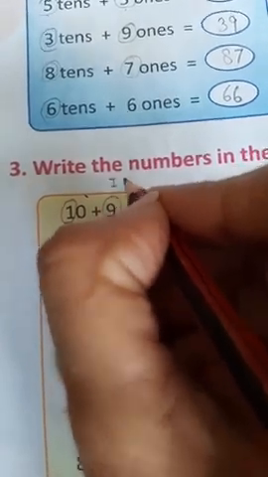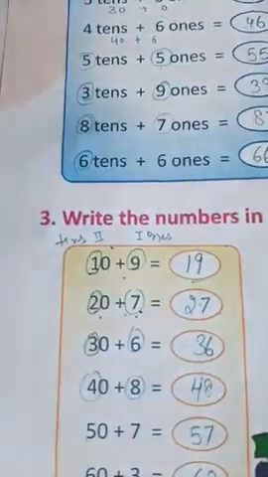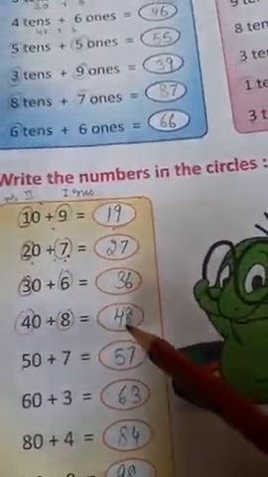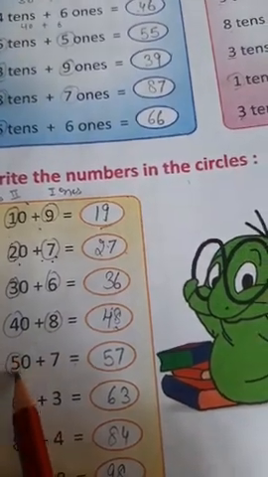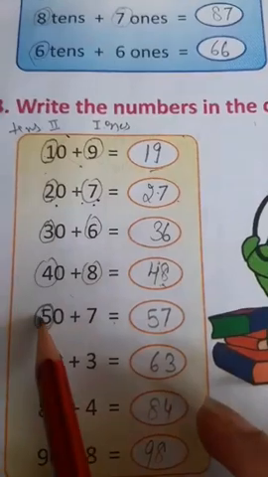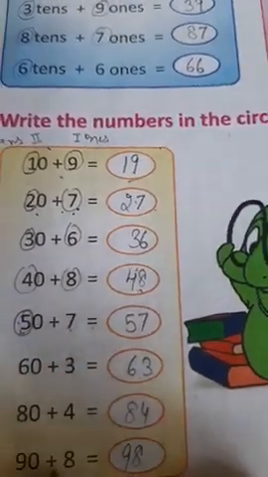Students, this is your first place, the ones place, and this is your tens place. We will not write zero here, only the numbers at this position we write. 5 and 7, 57. 6 and 3, 63.